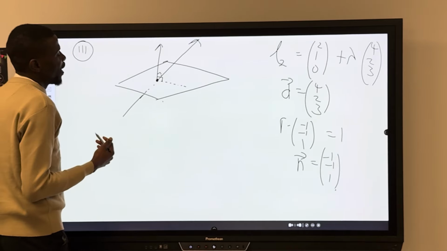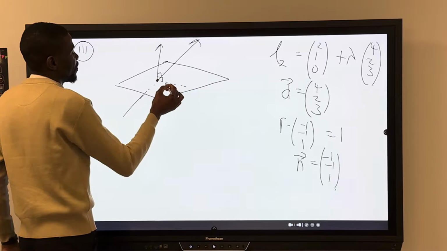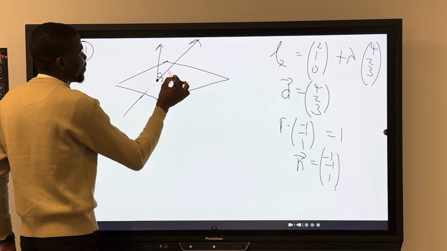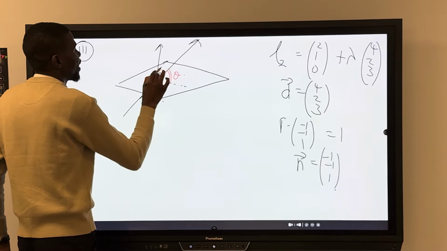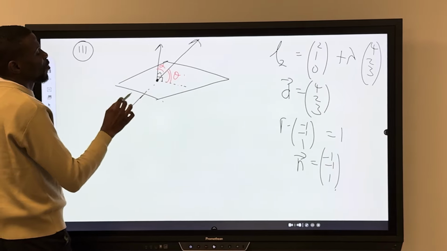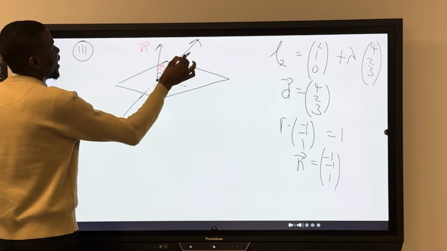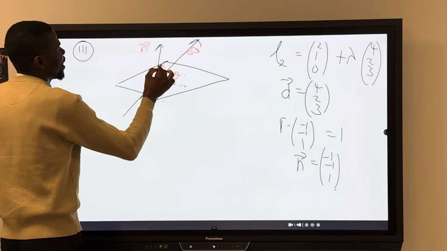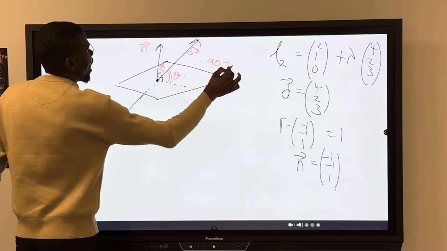So we want to find the angle between the line and the plane, which is theta. But if we calculate now, we are going to find alpha, which is the angle between the normal and the direction vector. Once you get alpha, the required angle is going to be 90 minus alpha.